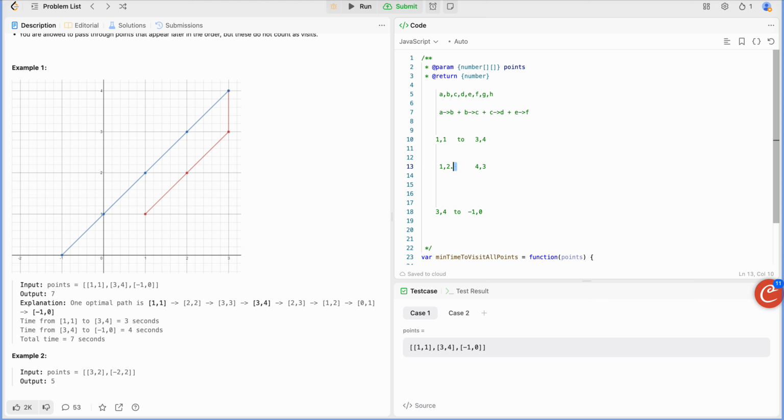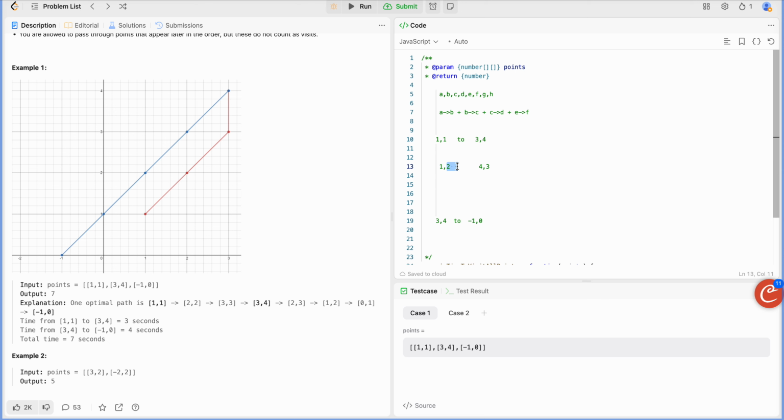So where can I go diagonally? Up to which point can I go diagonally? It means that I need to take the smaller number, right? 1 comma 2. So 1 and 2. If 1 2 is here, then because I'm going diagonally... No idea actually.